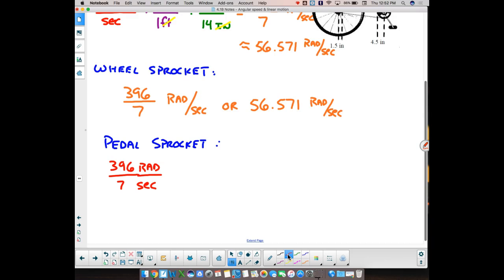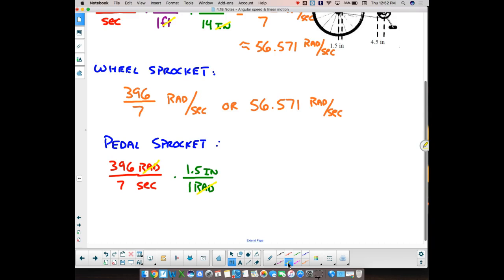The sprocket has a radius of 1.5 inches. That gives me the linear speed in inches per second of the chain.